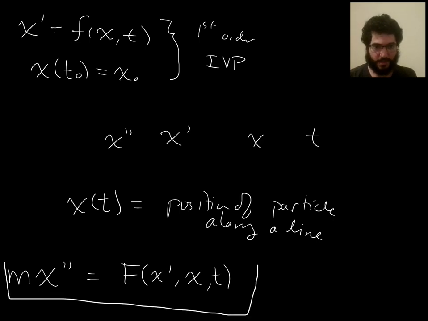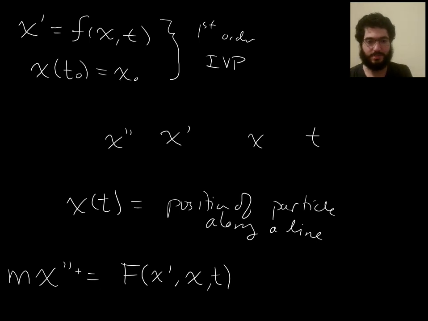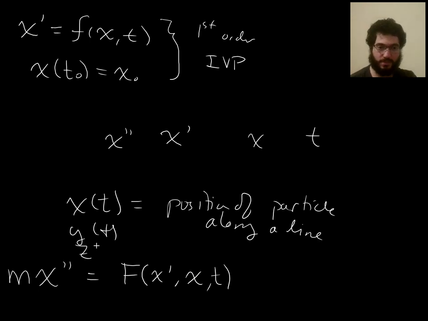So this is Newton's second law in kind of a general situation and in one dimension. So notice we only have one unknown function, x of t, the position of a particle along a line. If we want to allow a particle to move around in a plane, in 2 dimensions, we'd have to introduce a second unknown function, y of t. If we want the particle to move around in 3 dimensions, we'd have to introduce a third unknown function, z of t.